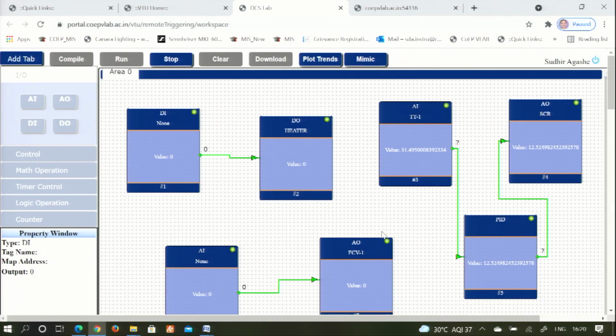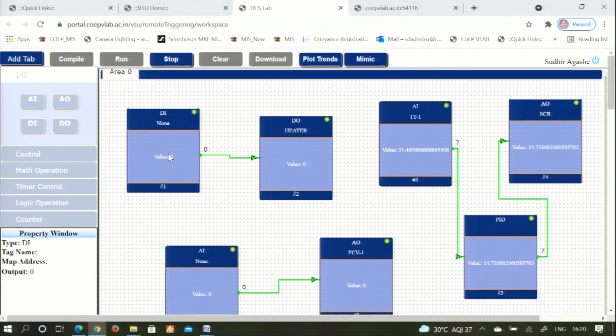Another thing over here is where you can tune a PID controller so that the temperature can be controlled. If you look here, the input is the temperature of the steam which you want to produce, that is your set point, and using the PID controller you are adjusting the firing angle of this SCR.